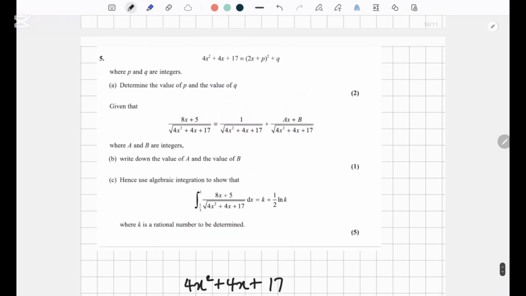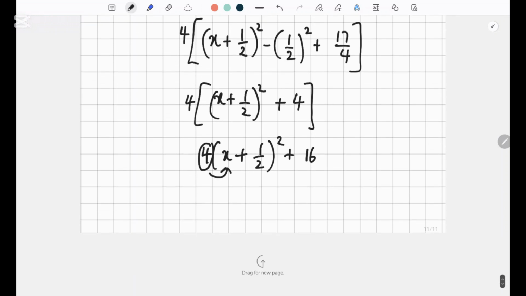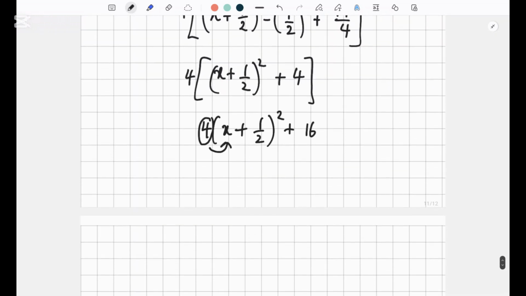But in the question, they've given 2x inside, right? So what we do is take this 4 inside the brackets. When taking 4 inside the brackets, you can see the power is 2, so it's going to be 4 to the power 1 over whatever power you have outside the brackets.